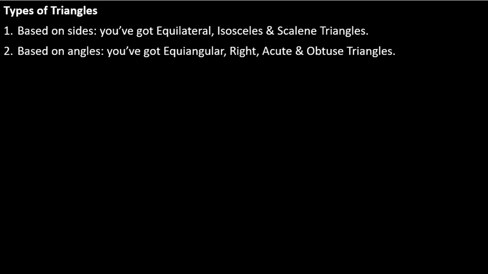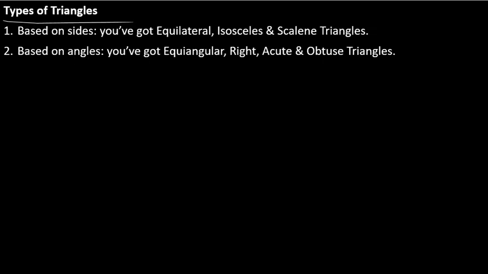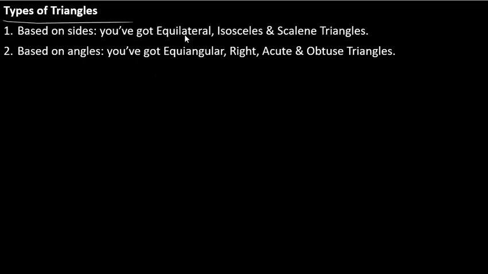So types of triangles, and I believe, what EQ is this? We are on EQ3 now. So types of triangles. Based on our sides, we have different types of triangles, and based on our angles. Okay, so based on our sides, let's start there, why not?